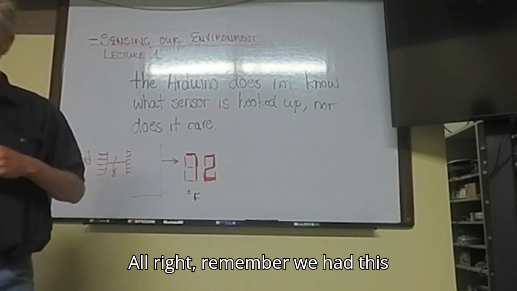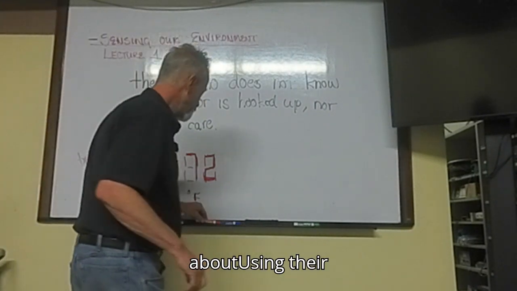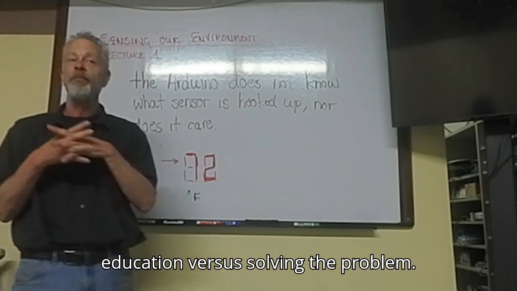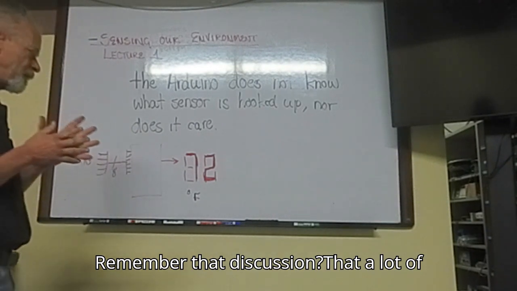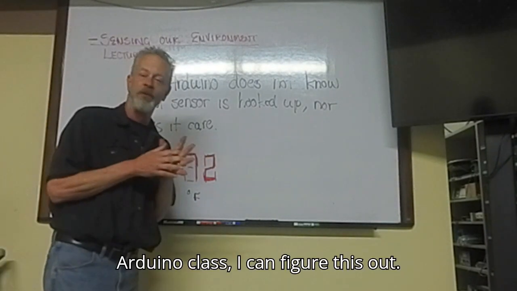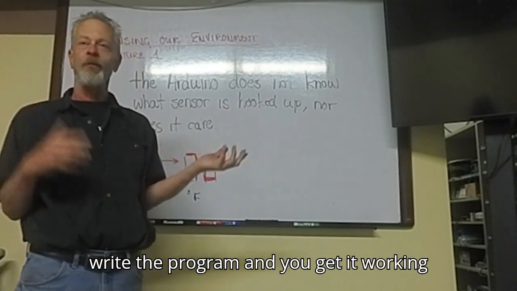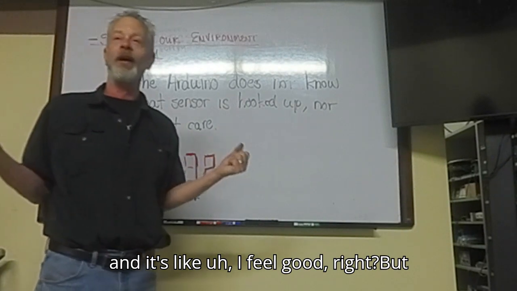All right, remember we had this discussion last time we met about using your education versus solving the problem? A lot of times it's like, oh boy, I went to an Arduino class, I can figure this out, and then you spend 3-4 days trying to write the program and you get it working, and I feel good, right?